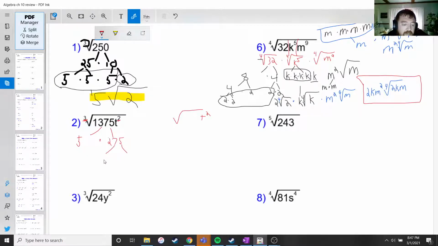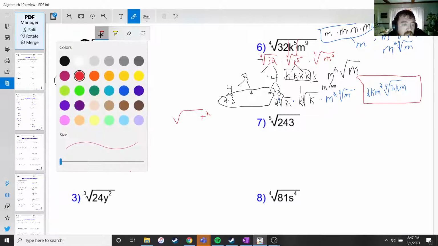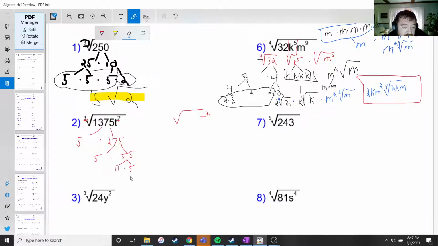Alright, now this can be broken down to 5 times 55, and then this can be broken down to 11 times 5. I'm actually going to rewrite this just to make it easier for when we circle things. And we're going to do 5 times 11.